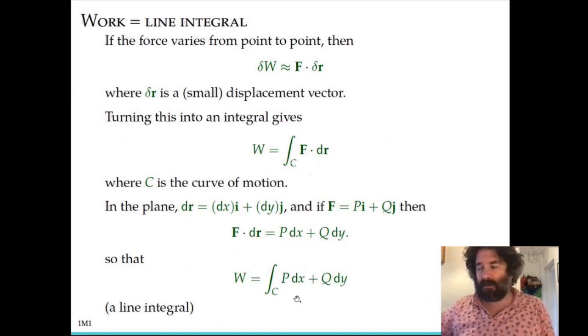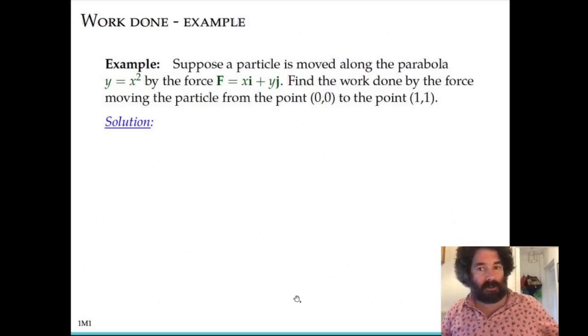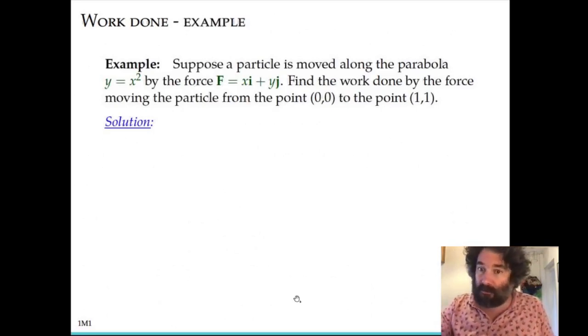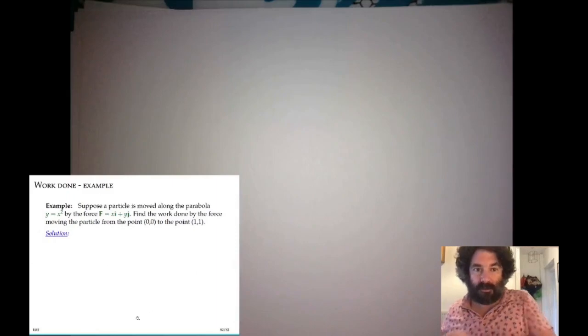So this is the situation. I want to do an example of calculating the work done moving a particle in a field. So here's the example. Really what happens is this just becomes a line integral of the force field along a curve, and we just have to do the line integral. So let's do this.